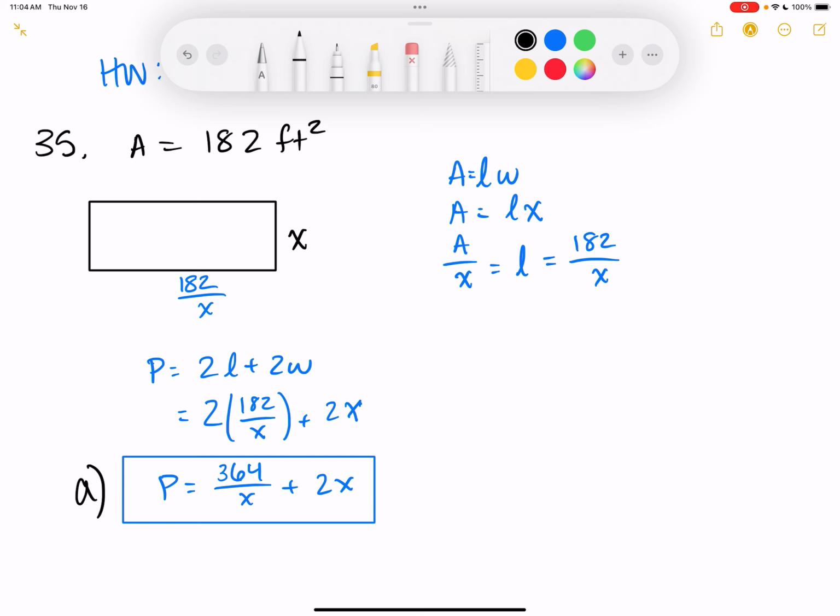I now remember why I don't normally do this part of this problem. It's kind of confusing. Hit second trace and do minimum.